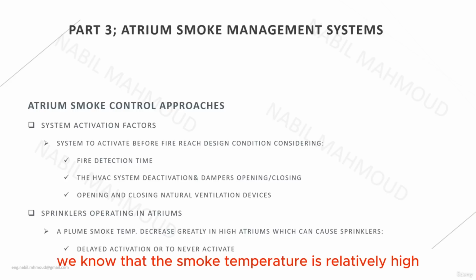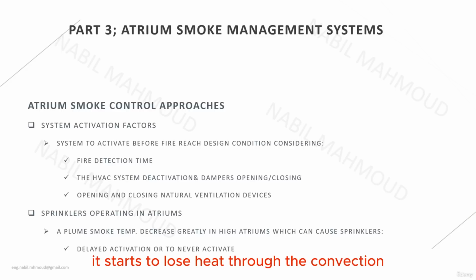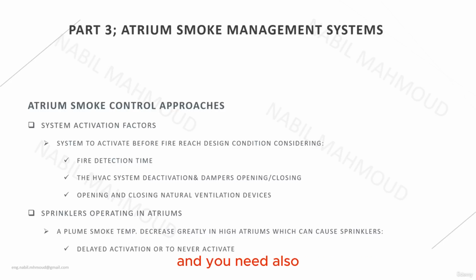Of course, we know that the smoke temperature is relatively high, but the more the plume rises into the higher levels, it starts to lose heat through convection and the buoyancy effect until it reaches a relatively lower temperature. This might be seriously dangerous, and it can cause the inactivation or delayed activation of the sprinklers. And as a designer, you need to pay attention to all of this.